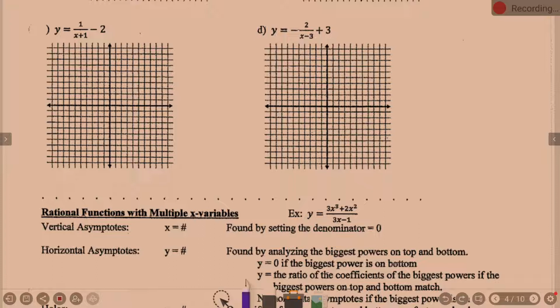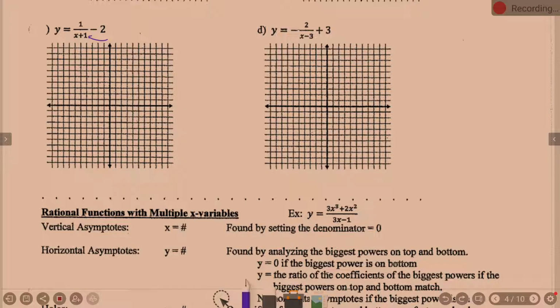Let's talk about movements. Where is this graph moving? Okay, left 1. We agree with our left 1? The number with the x, so in this case, in the denominator with the x, tells me how far, left or right, as I've always said all year long, opposite the sign.